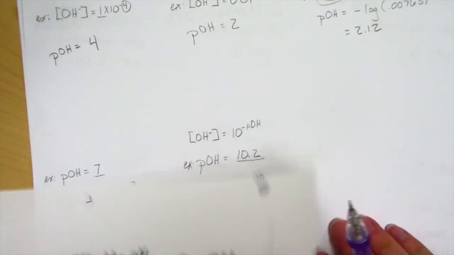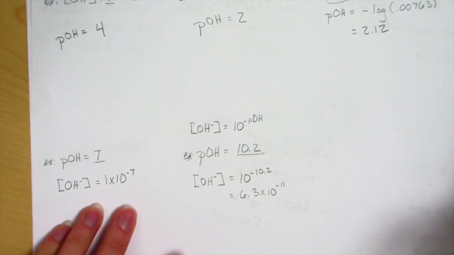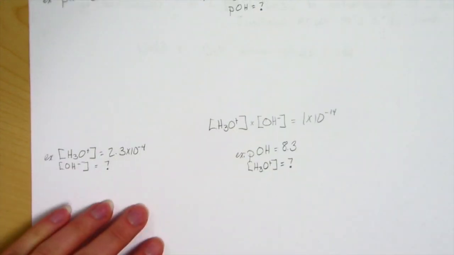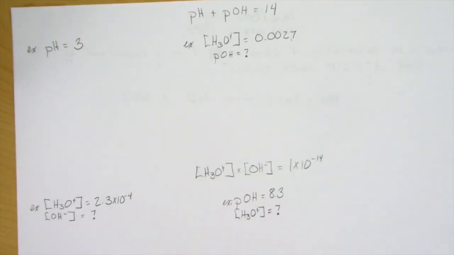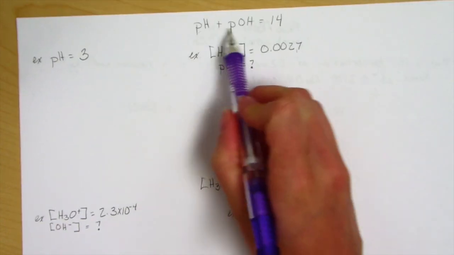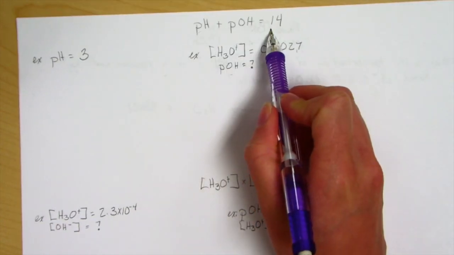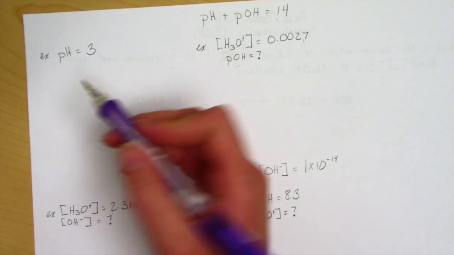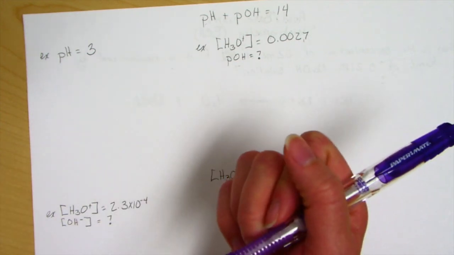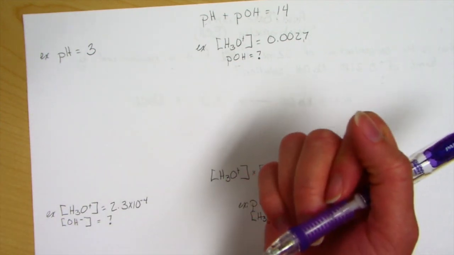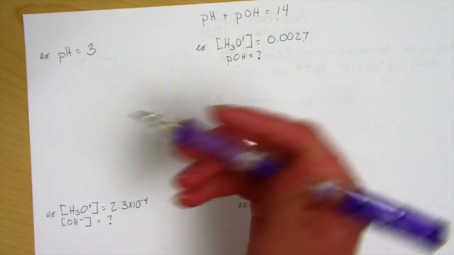All right, now what I'd like to focus on is a very simple equation of pH plus pOH equals 14. So say I have pH and I need to know the concentration of OH minus, or the pOH of the system.